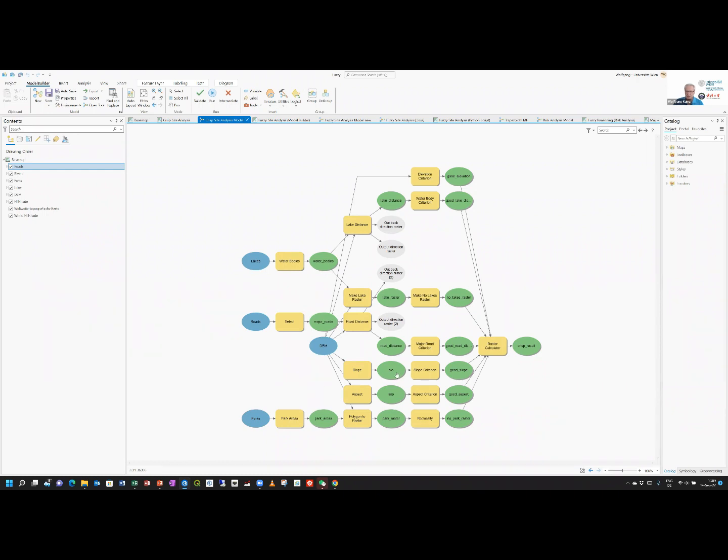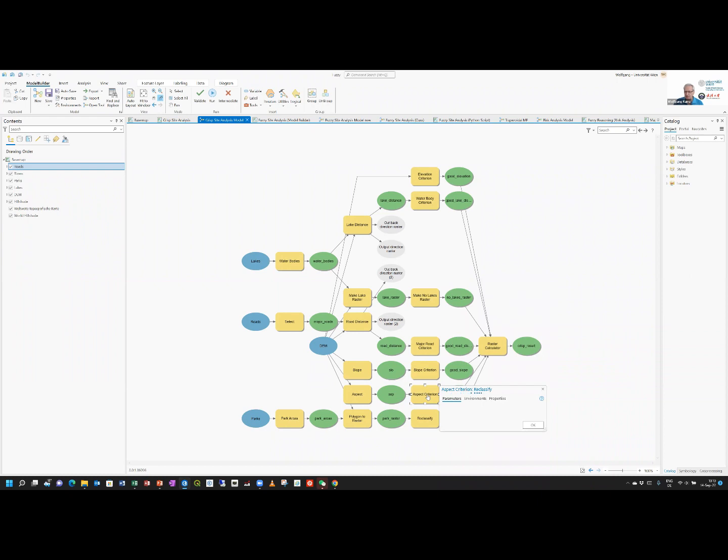Then we implement our slope criterion, which basically says every slope less than 10 degrees is okay. So we give it a value of 1, and everything else is 0, which is meaning it's not okay.